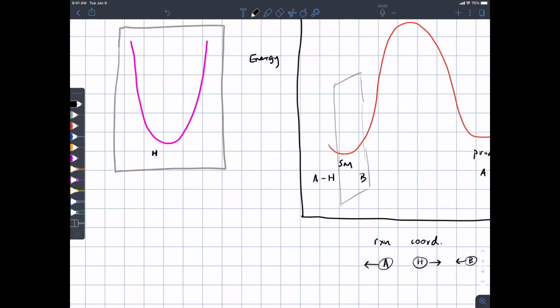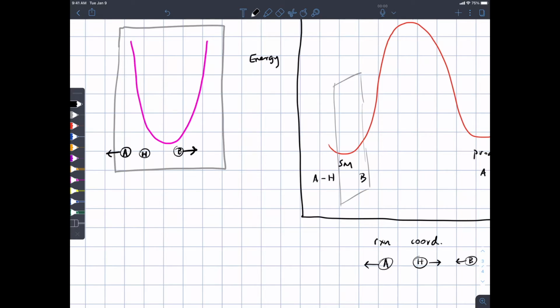Got to make sure I get this right, because this is stuff where I'm somewhat weak, where hydrogen is here and B is here and A is here. This would be a stretch where A and B do most of the moving and hydrogen moves a little bit. It may move back and forth, not necessarily in time with A and B. We call that a symmetric stretch.